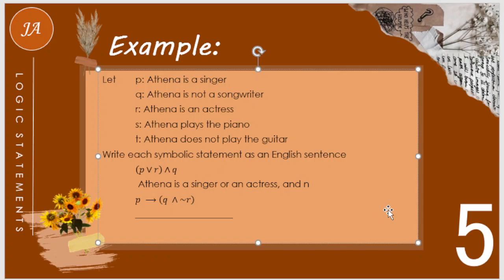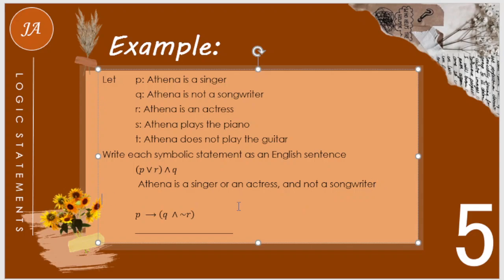Therefore, we have not a songwriter. So the symbolic form of the quantity of P or R, and Q, the statement will be Athena is a singer or an actress, and not a songwriter.